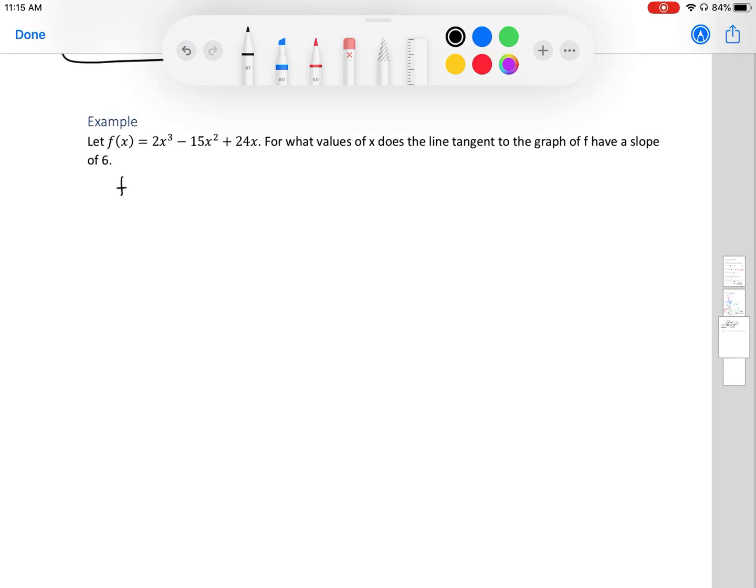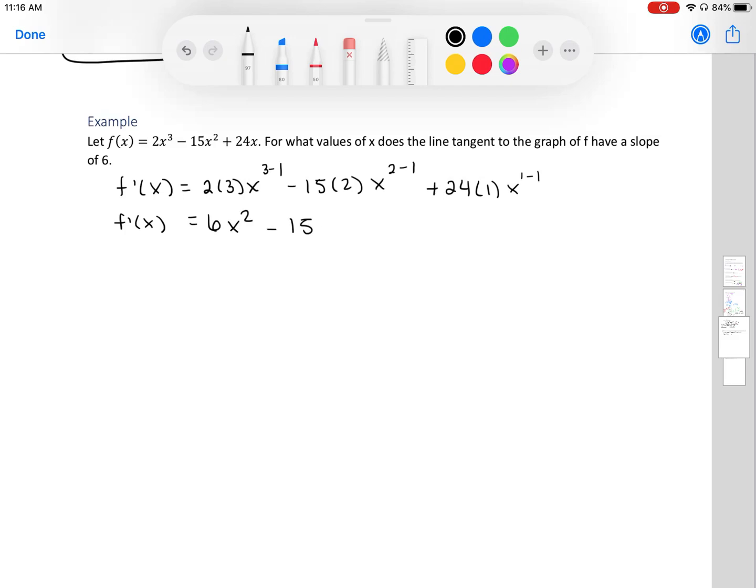Okay, so let's start off by finding the derivative. So our derivative is f prime of x, which is 2 times 3 times x raised to 3 minus 1, minus 15 times 2 with x raised to the 2 minus 1, plus 24 times 1 with x raised to the 1 minus 1. So that we get 6x squared minus 15x to the first power plus 24, and that x to the 0 power is just 1.